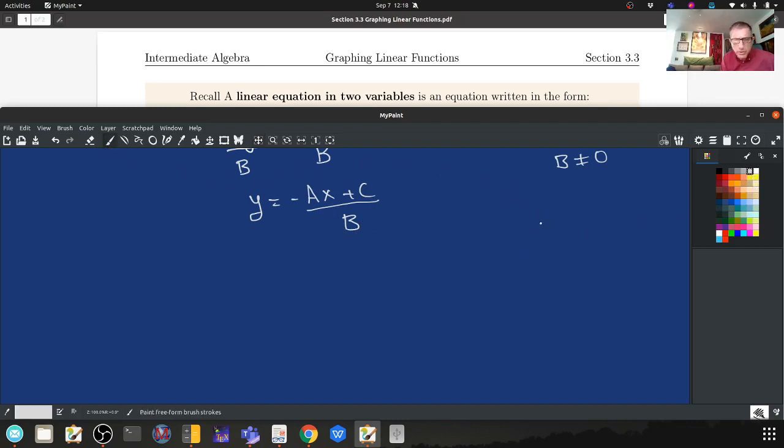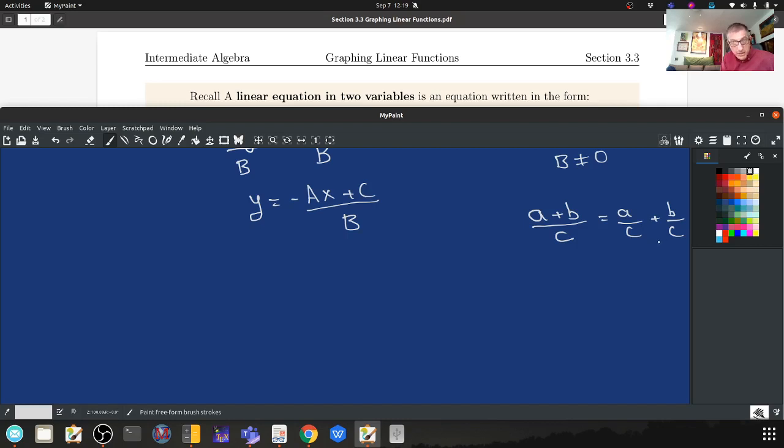This is the rule that we use for adding and subtracting fractions. If we have a plus b over some number c, then that's equal to a over c plus b over c. So this is really the rule of adding two fractions. A divided by c and b divided by c are two fractions.